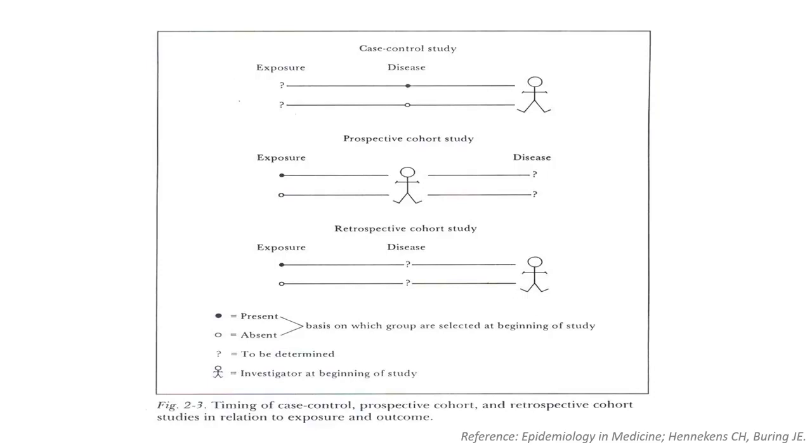The investigator is actually at the same time point as in the case control study, but he or she is ignoring the disease status. The investigator is going farther back and dividing the participants as exposed and unexposed, and then coming back to the present for disease. I hope this graph clarifies the different study designs well.